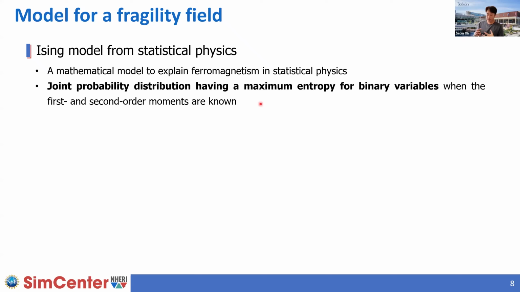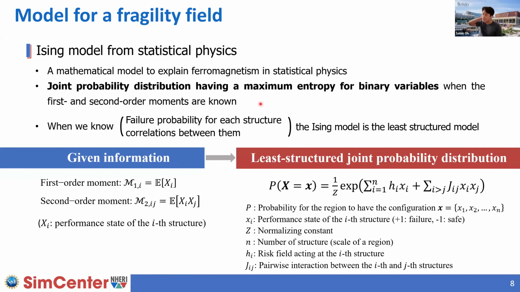So if we introduce any artificial assumptions like independence or Gaussian assumptions, the resulting distribution will have lower entropy, meaning that some information is lost. In this sense, the maximum entropy model is sometimes called the least structured model.